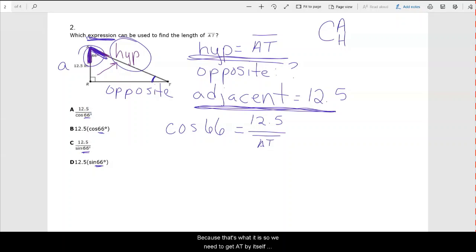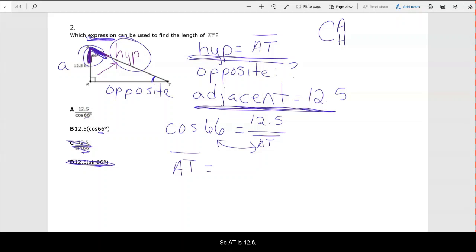So we need to get AT by itself. Remember, whenever we're solving for the hypotenuse, which means our unknown is in the denominator, we can just switch these two. Because if we look, none of our answer choices match that. But we can eliminate C and D because they're using sine, and we went with cosine.